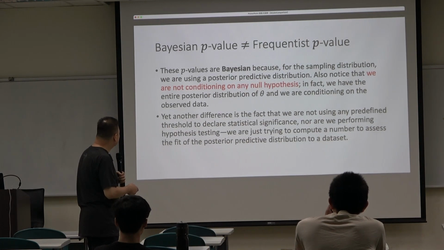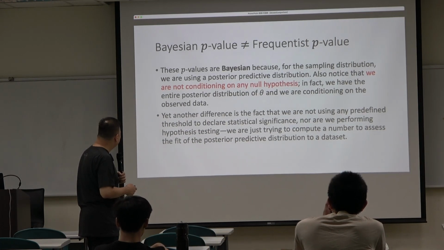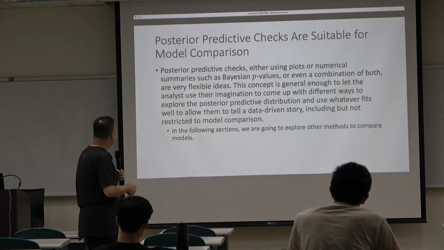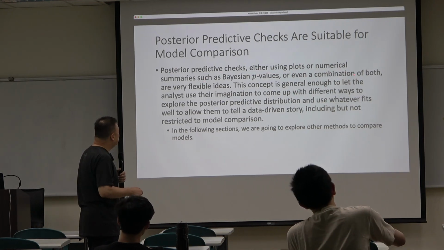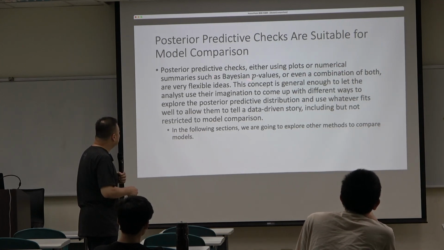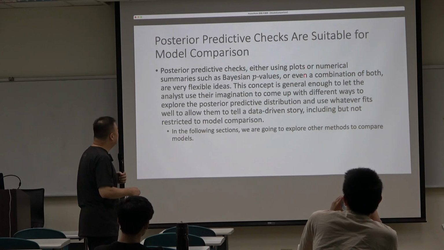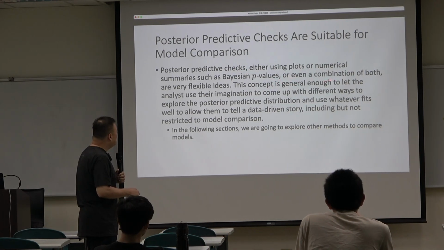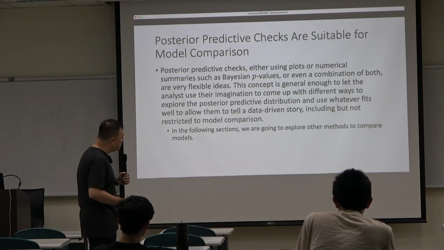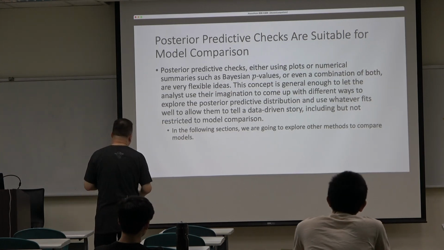I think I already discussed that. Posterior predictive check: either we use plots or numerical summaries, for example the Bayesian p-value, or a combination of both. These are very flexible ideas for model comparison.